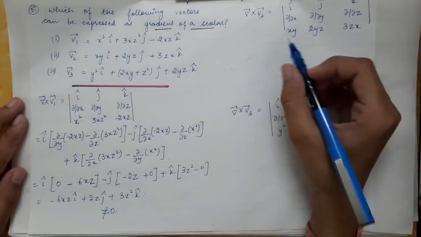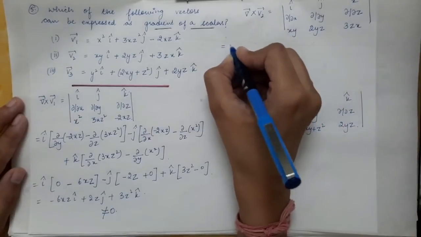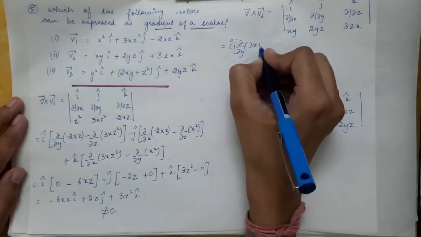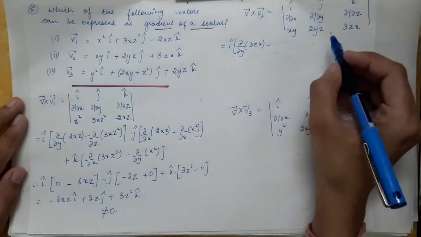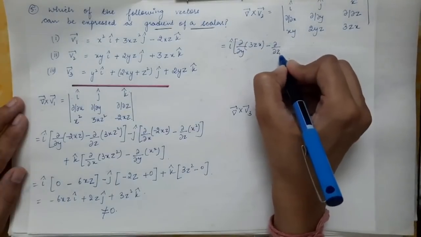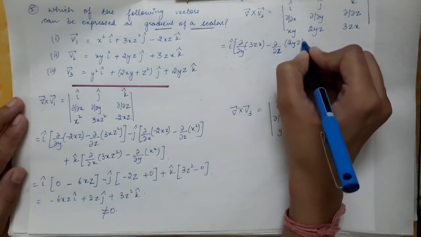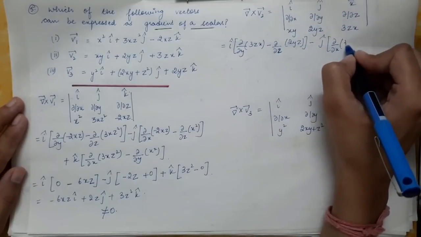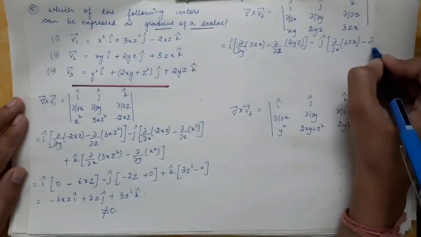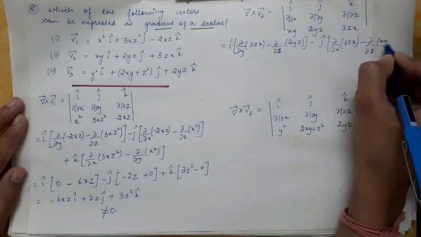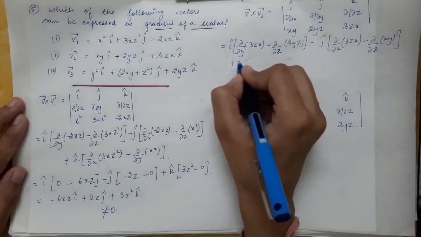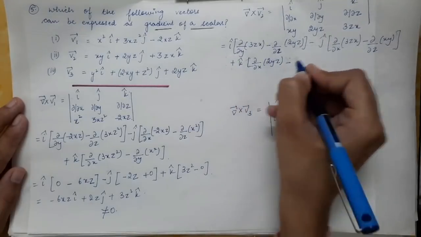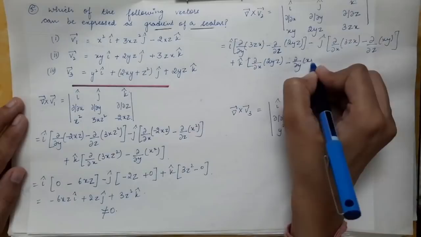Now we will find the curl of vector v2. So that will be i cap del by del y of 3zx minus del by del z of 2yz, minus j cap del by del x of 3zx minus del by del z of xy, plus k cap del by del x of 2yz minus del by del y of xy.